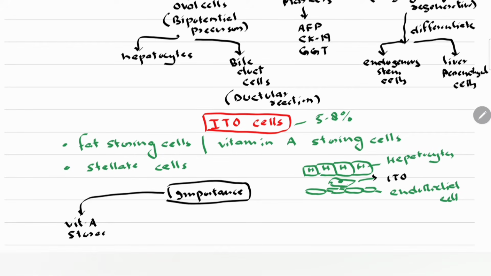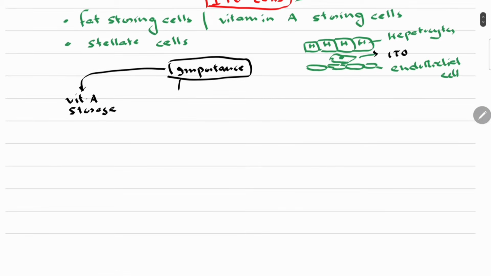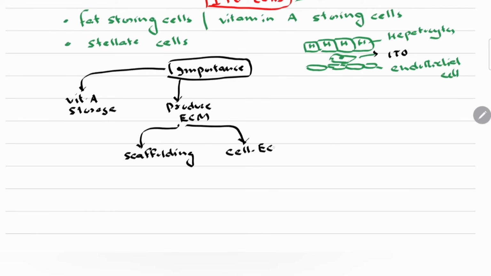And what is the importance of ITO cells? They are the major site of vitamin A storage, and they produce extracellular matrix, which is important for scaffolding and cellular extracellular matrix interaction.